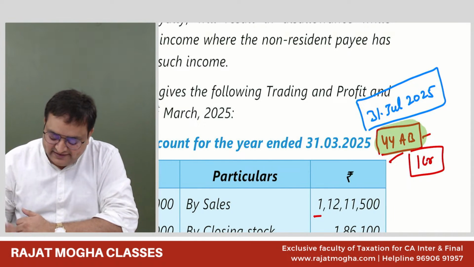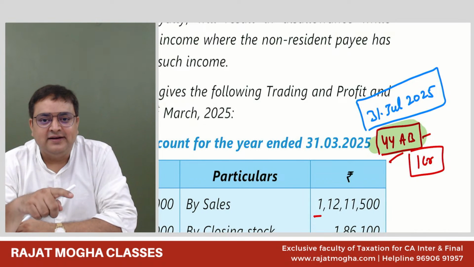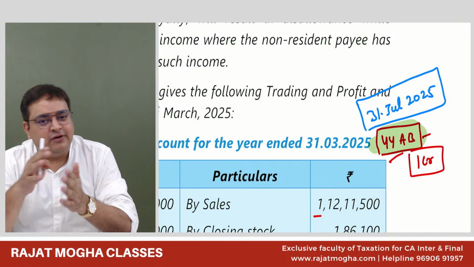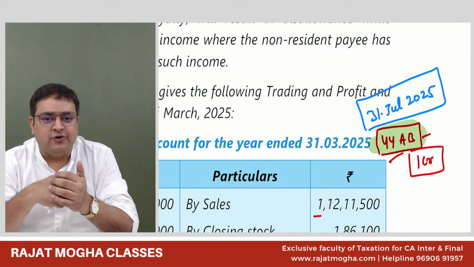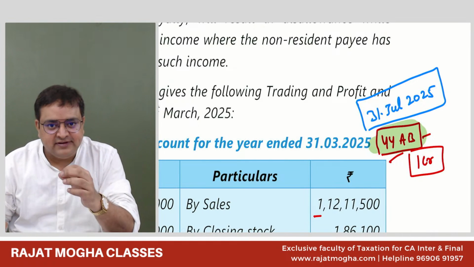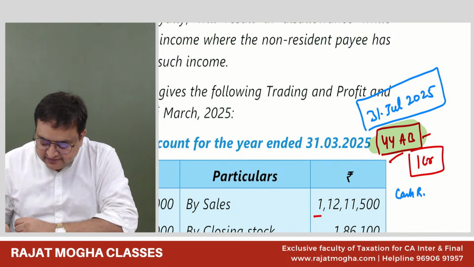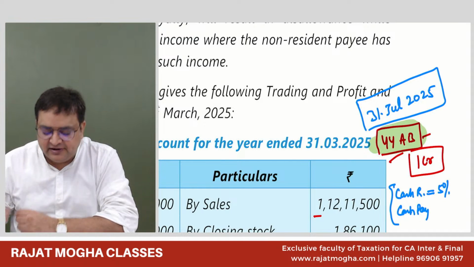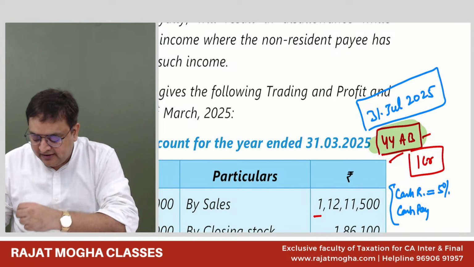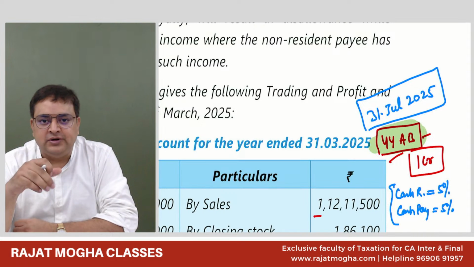Let me recall that section 44AB. 44AB was saying that generally if your turnover is more than 1 crore, you are required to get your accounts audited. But if both your cash receipts and cash payments are not more than 5% of your total receipts and 5% of your total payments.